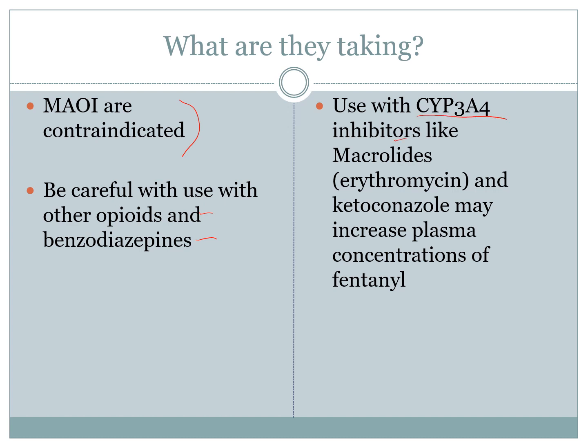Okay, so the same isoenzyme that we spoke about before. If you're taking a drug that is an inhibitor of that, then you run the risk of increasing the plasma concentration of fentanyl, and in turn increasing the sedative effect and the other associated respiratory depression. Now, some common ones that are used include your macrolides, okay, macrolide antibiotics like azithromycin, and also your antifungal ketoconazole.